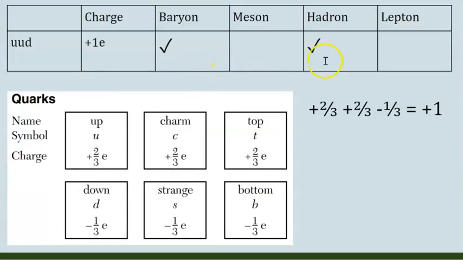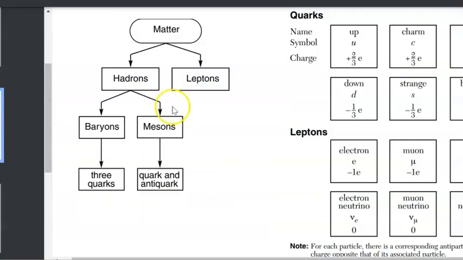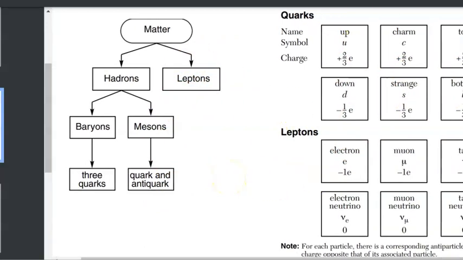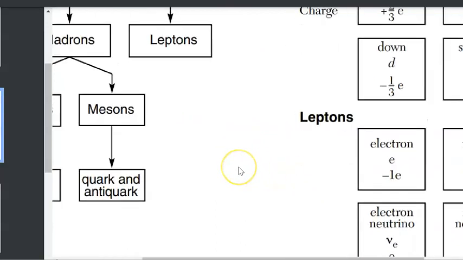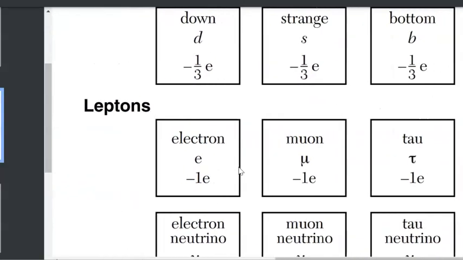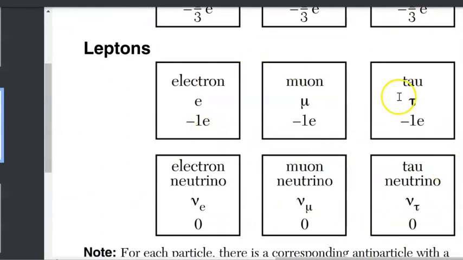So I have my 2 check marks here, and I know that it's not a meson because a meson is composed of 1 quark and 1 antiquark. I know it's not a lepton because there are only 6 possible leptons, and they're all shown right here.